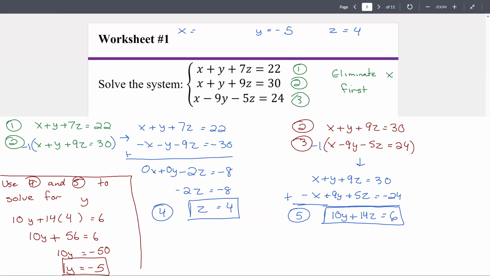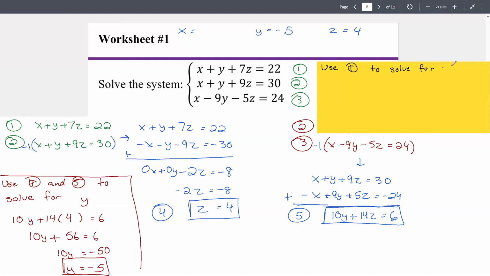Now we just have to go back and figure out what x is. So like we did before, just pick one of your equations. Which should be easier? Let's use 1 to solve for x, my remaining variable. So I have x plus y plus 7z equals 22. We got x plus -5 plus 7 times 4 equals 22.